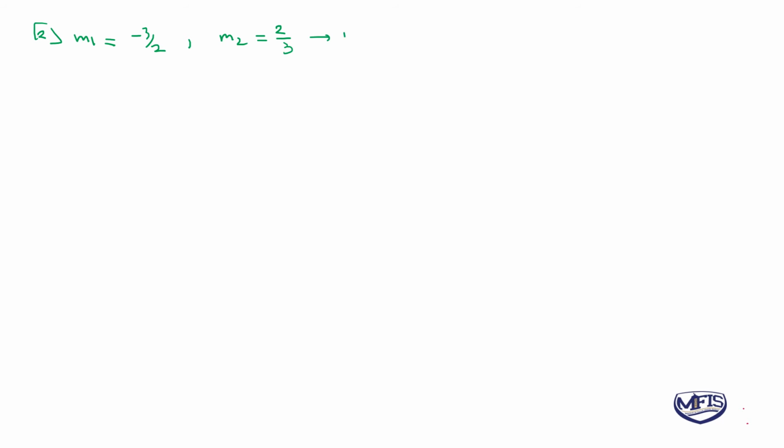So m1 times m2 will equal negative 1. So the measure of the angle between the two straight lines will be 90 degrees.